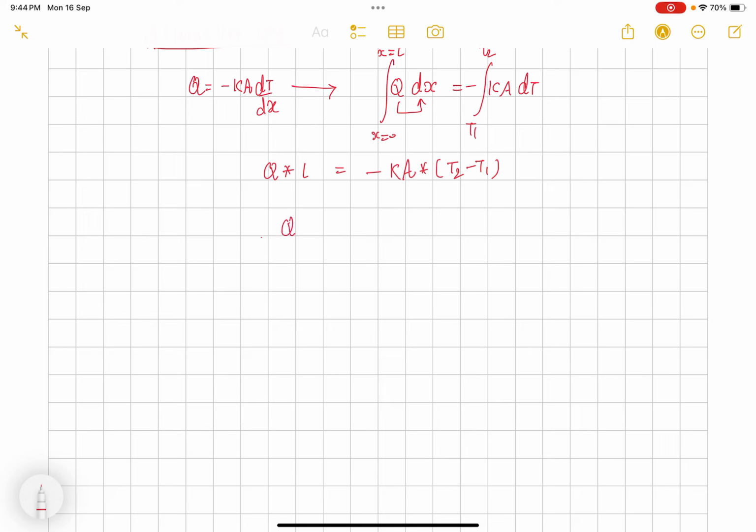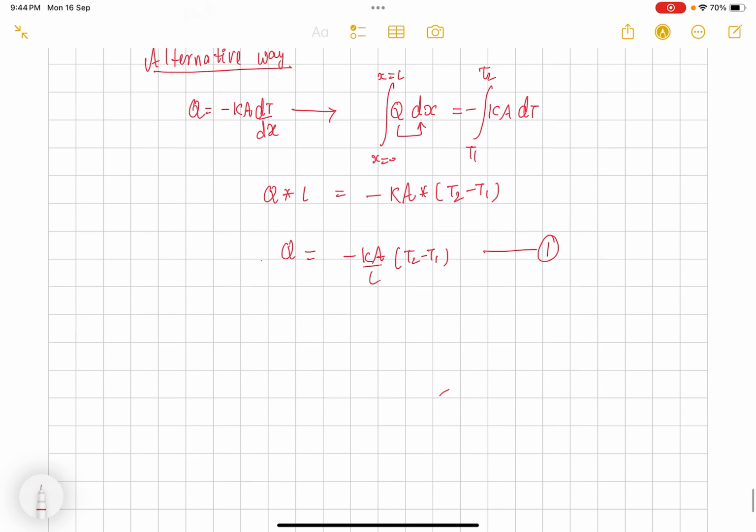So we can get the heat transfer as minus KA by L times T2 minus T1. Take this as equation 1.